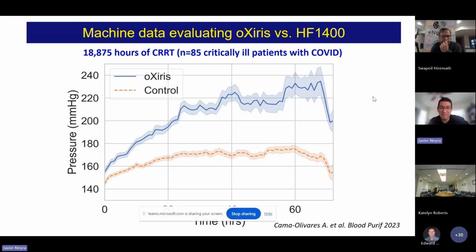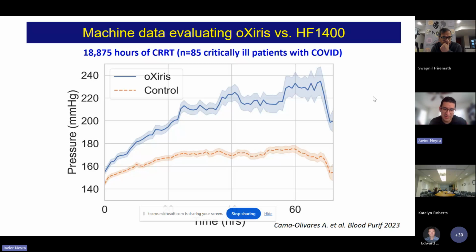And you can see the ability that we had in our group to evaluate machine data allowed us to generate these figures where you can compare the transmembrane pressure on the y-axis and time on the x-axis between the Oxiris filter and the control. A filter with enhanced hemoabsorption, so solutes sticking to the filter, has a higher transmembrane pressure compared to the standard filter we were using, which was HF 1400.